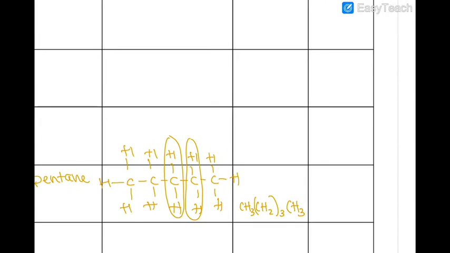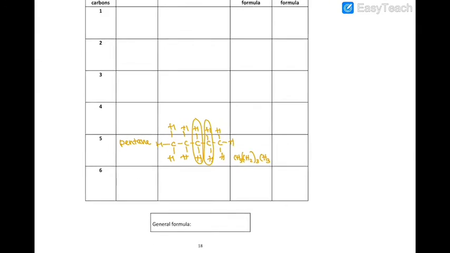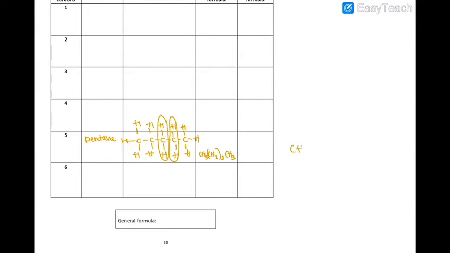Okay, so this is the structural formula. Instead of writing it out, it's not wrong, I could also write CH3, CH2, CH2, CH2, and then CH3. It's not wrong to write this. It's just that I'm saving space. Instead of writing CH2 three times, I'm just writing CH2 3 times.